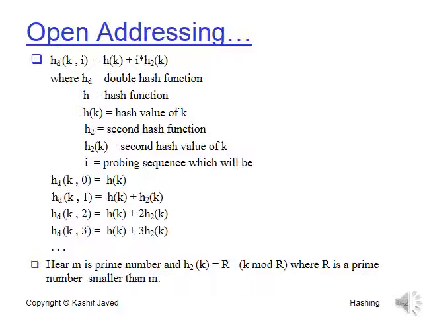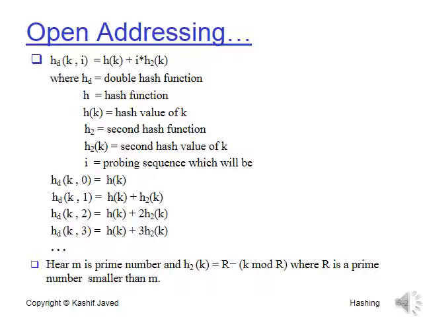Here h_d is the abbreviation for your double hash function. h is your hash function, h(key) is the hash value of the input key, h_2 is your second hash function, h_2(key). You can term this as the second hash value of the input key.